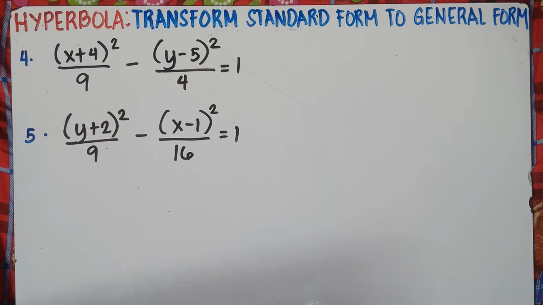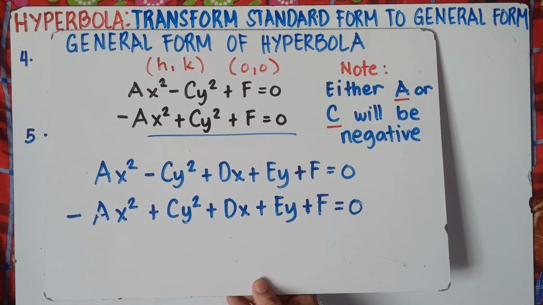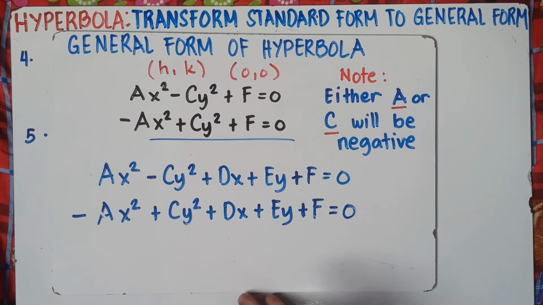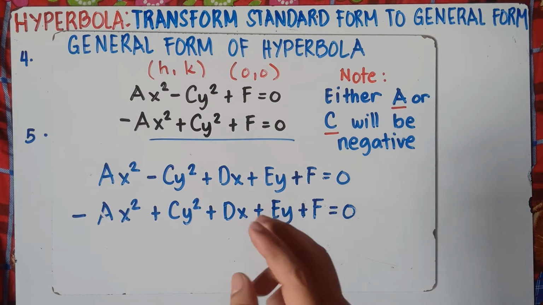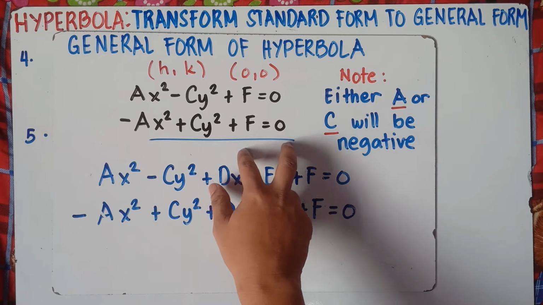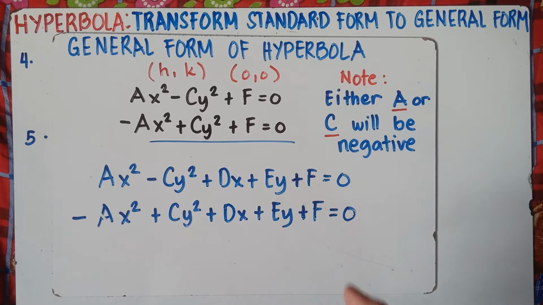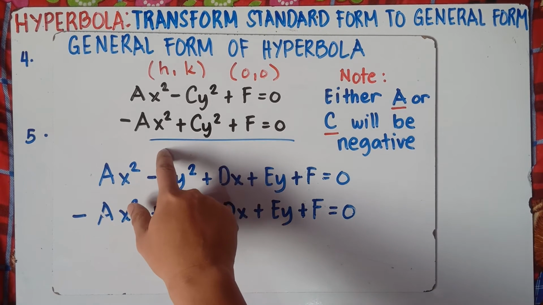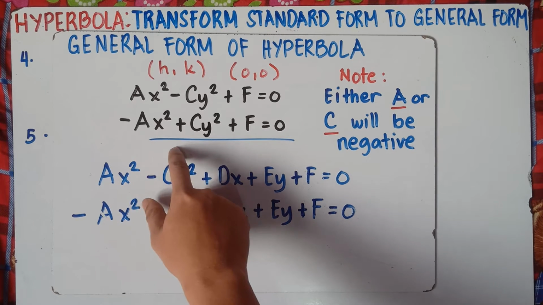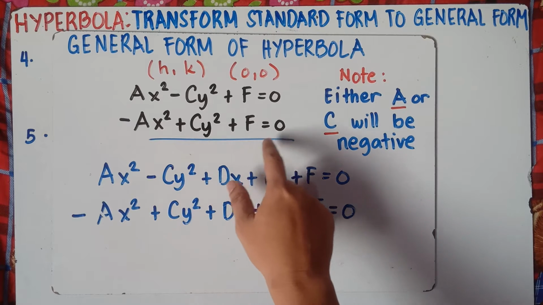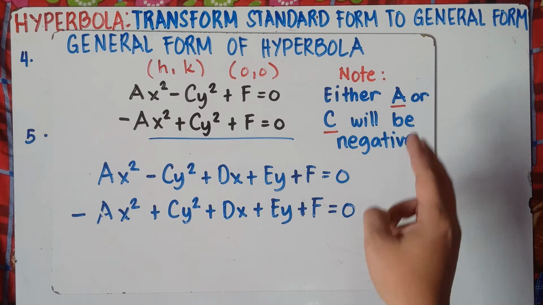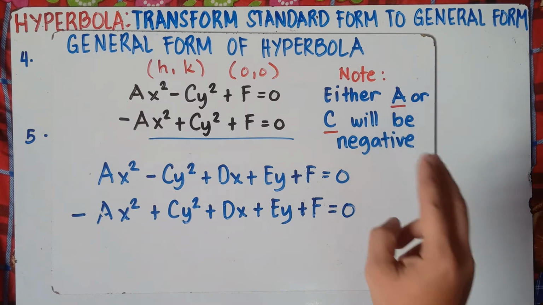Before we start with number 4, we need to know the general form of the hyperbola. If h and k is at 0, 0, we have ax squared minus cy squared plus f equals 0, or you can have negative ax squared plus cy squared plus f equals 0. Once again, either a or c will be negative.